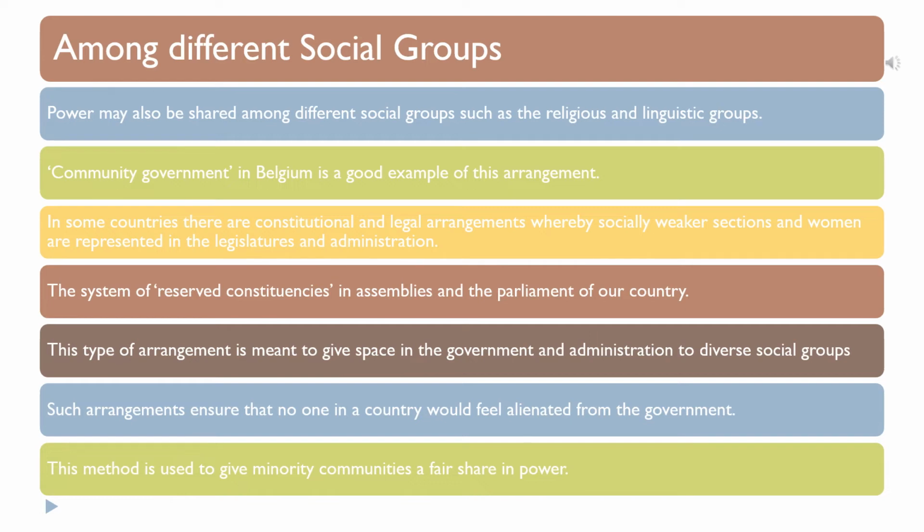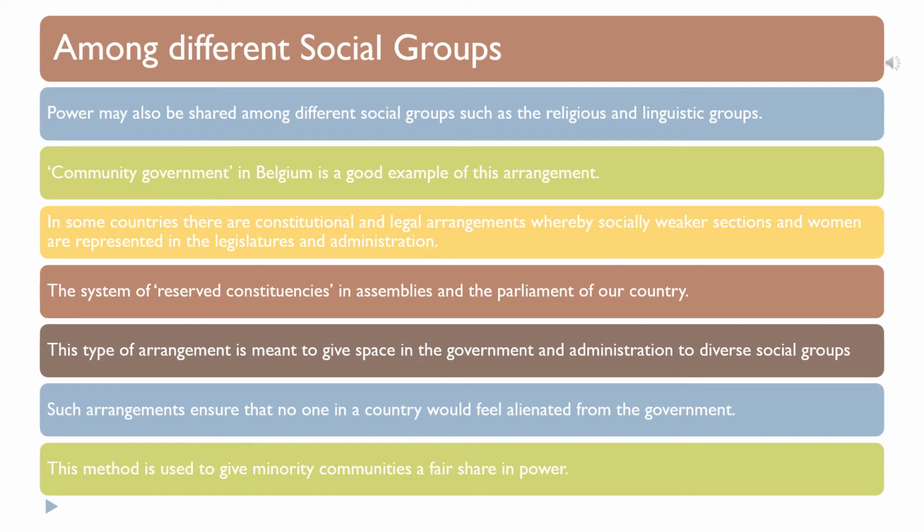Such arrangements ensure that no one in a country would feel alienated from the government. Of course, if power would be shared among different communities, among different social groups, no social group would feel alienated. No social group would feel separated.